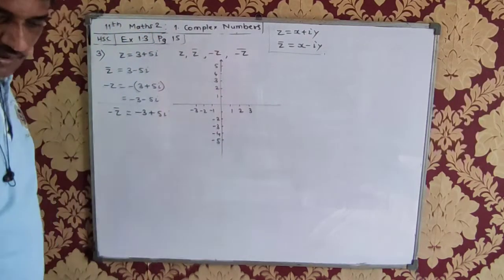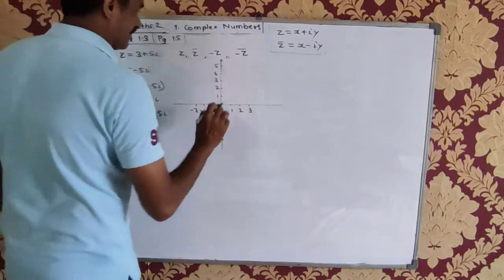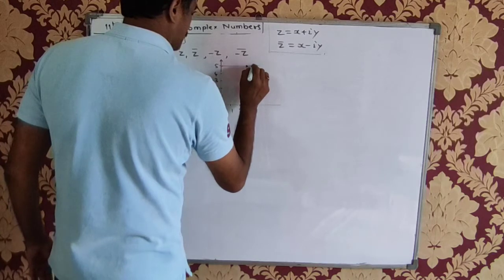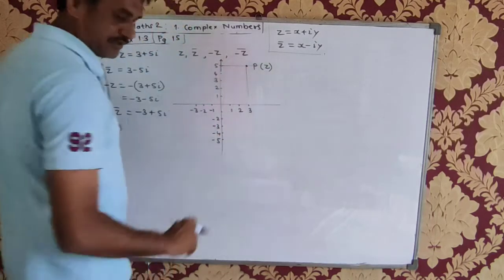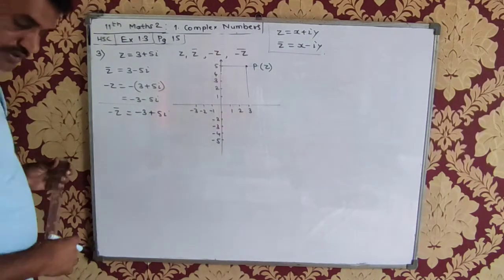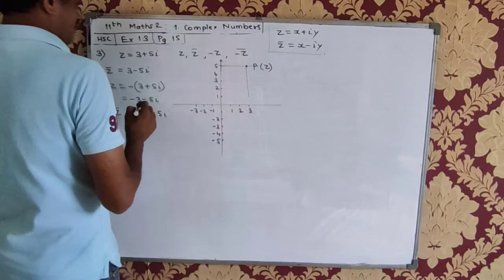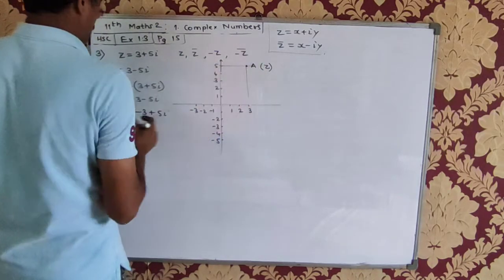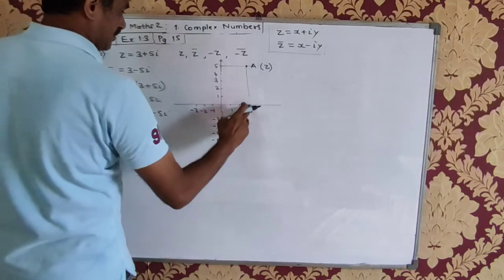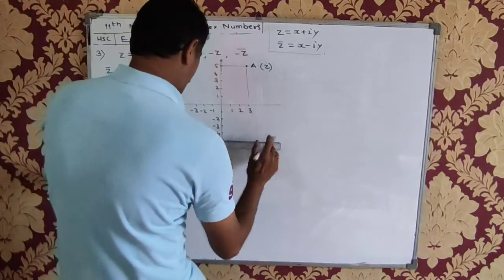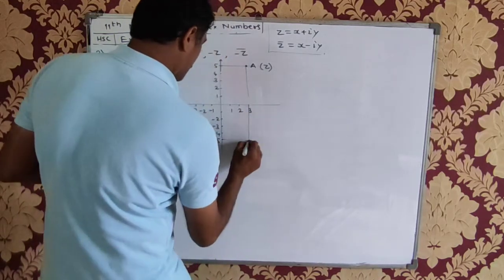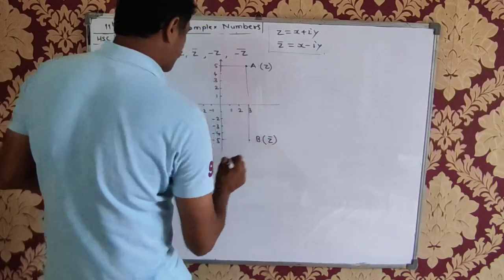First, z is equal to 3 plus 5i. This is p, which represents z. Next, the second one, z bar: 3 comma minus 5, this is it. This is a, which represents z bar.